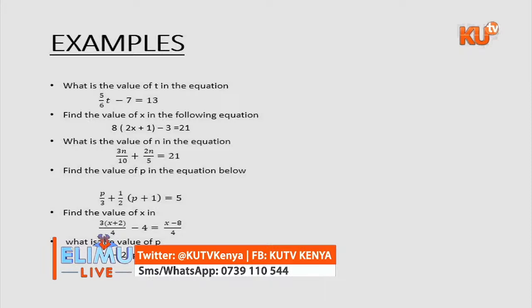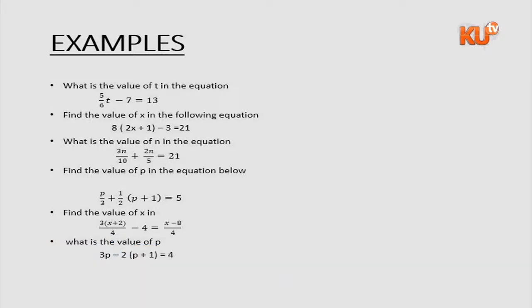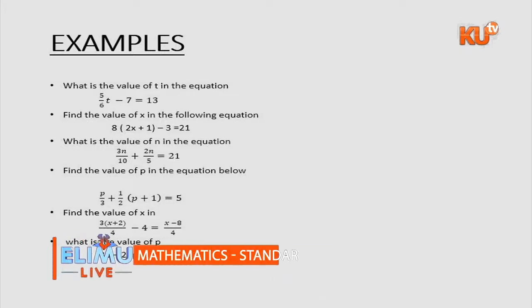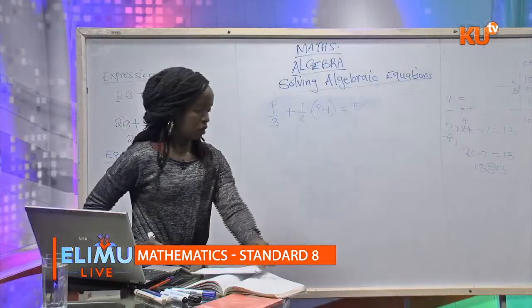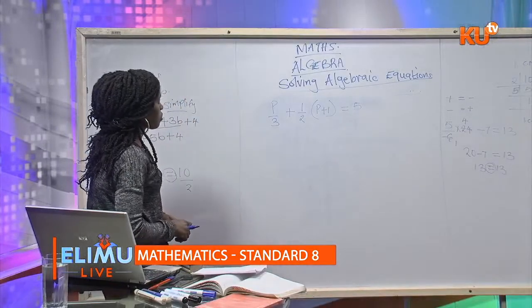Example number 4, we are told find the value of p in the equation, and the equation is p over 3 plus a half bracket p plus 1 is equal to 5. We're told to get the value of p in that equation.